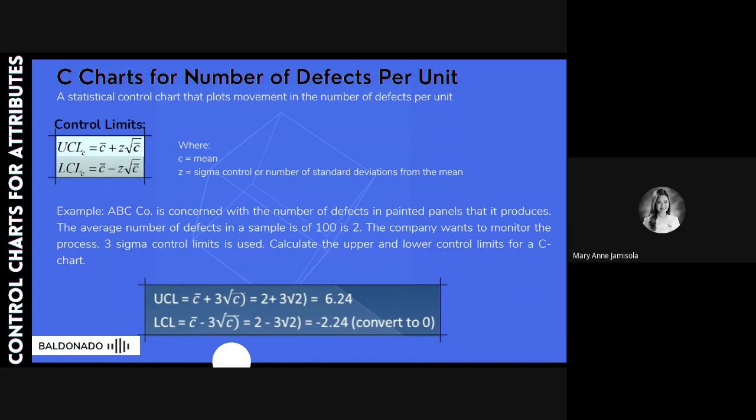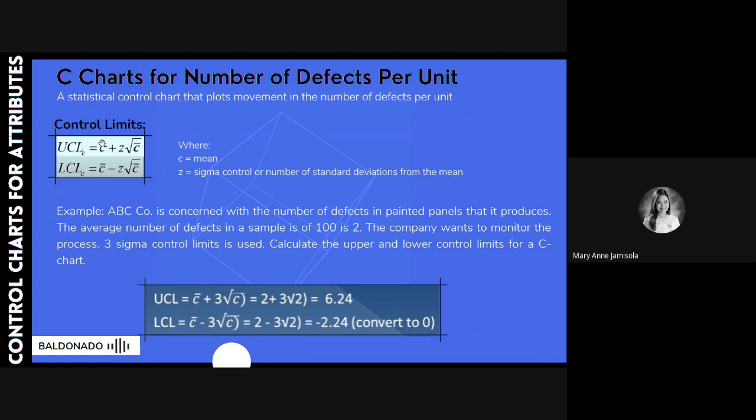So the next chart for attributes, still under attributes, is what we call our C chart. The C chart measures the number of defects per unit. So this is the formula to compute the upper control limit and the lower control limit for C charts. C bar is our mean. So the same as our P chart, right?